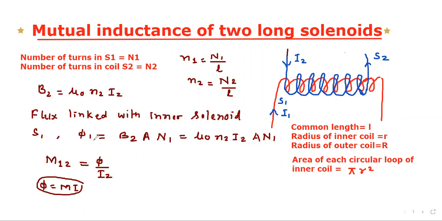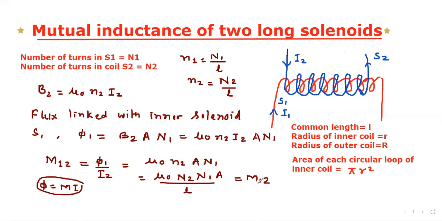So here this is phi, so phi1 divided by I2. When it is divided by I2, we will be left with mu naught n2 A times N1. But n2 can be replaced by N2 upon L. So mu naught capital N2 times capital N1 times A upon L. So this is M12.